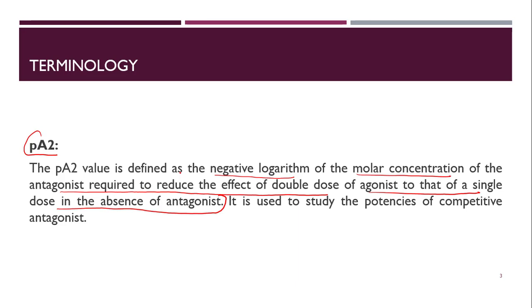is. So it basically talks about the antagonist concentration which is required to bring down the response height of the double concentration of the agonist when we compare it with that of the normal or 1 unit concentration of the agonist in absence of antagonist.